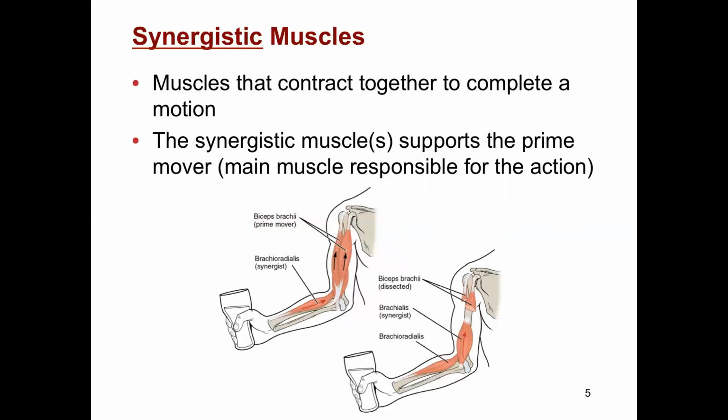Oh, sorry, that's our brachialis. Oh my goodness, brachialis. So the brachialis and the brachioradialis are synergistic with the biceps brachii, okay? In this picture, they cut away the biceps so you can see where the other synergist is. So these three muscles are working together to bring this weight upwards, okay? All right.